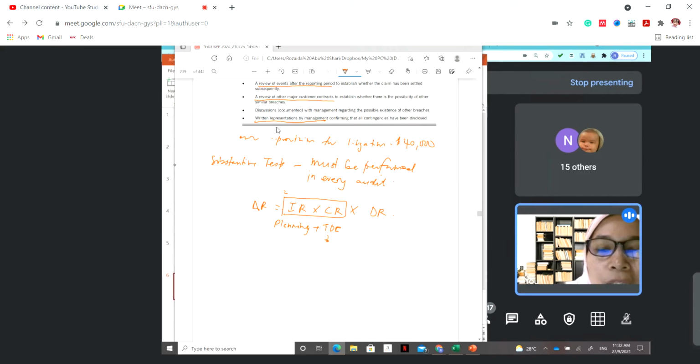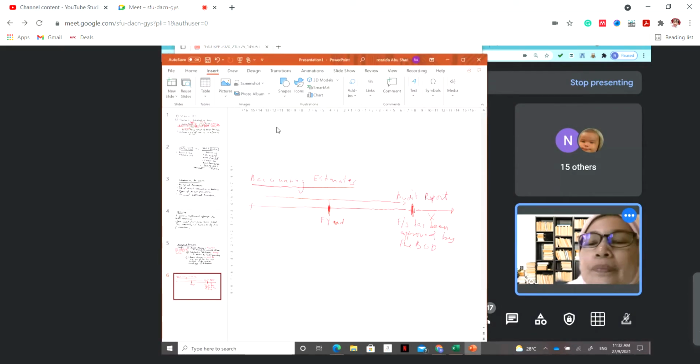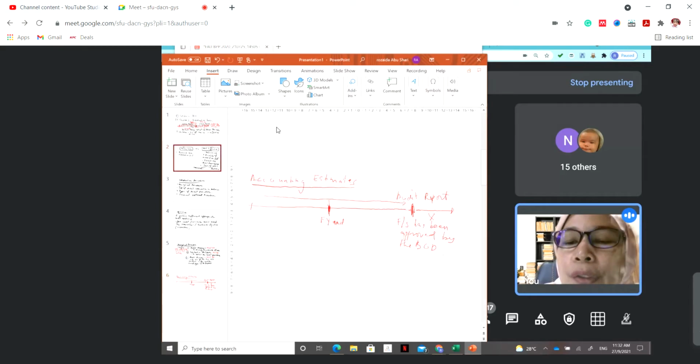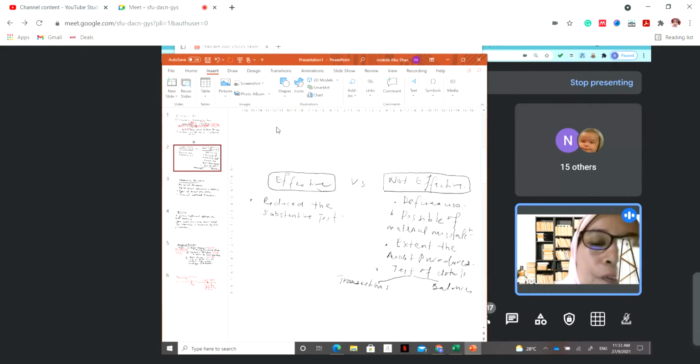Extent of audit procedure. So kat sini, kalau you tengok test of control dia lemah. So as I said earlier tadi, yang kat sini. Okay, when you identify any deficiencies here, it indicate there is a possible material misstatement. So bila dia indicate area of possible misstatement, you have to extend the audit procedures.